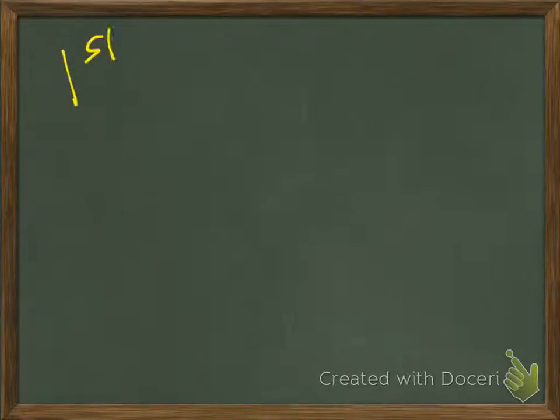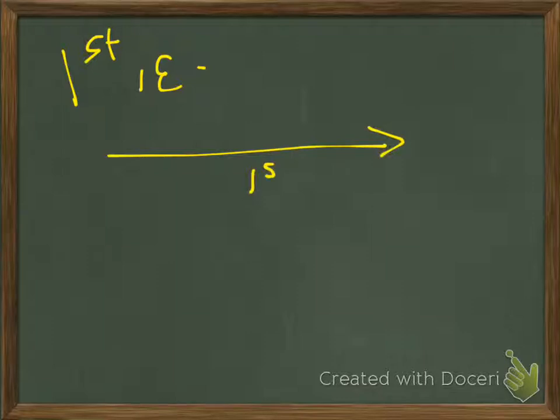Okay, if we look at first ionization energy, again, ionization energy is the energy required to remove an electron from a gaseous atom. As we go across a period, first ionization energy is going to increase generally. And again, that's because of the increased effective nuclear charge, with electrons being added to the same energy level.